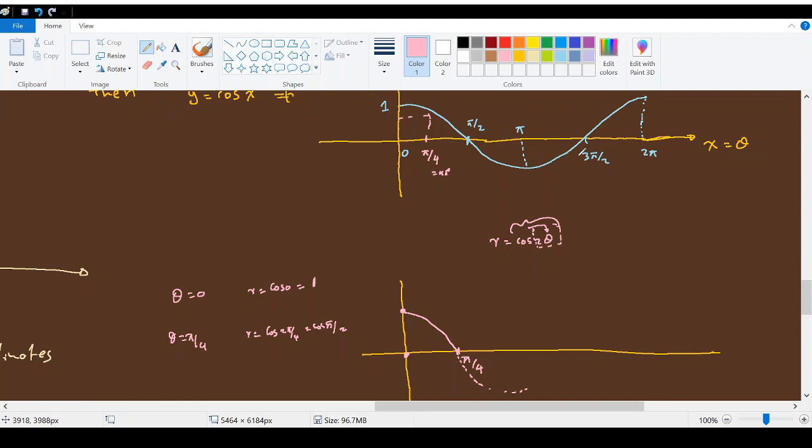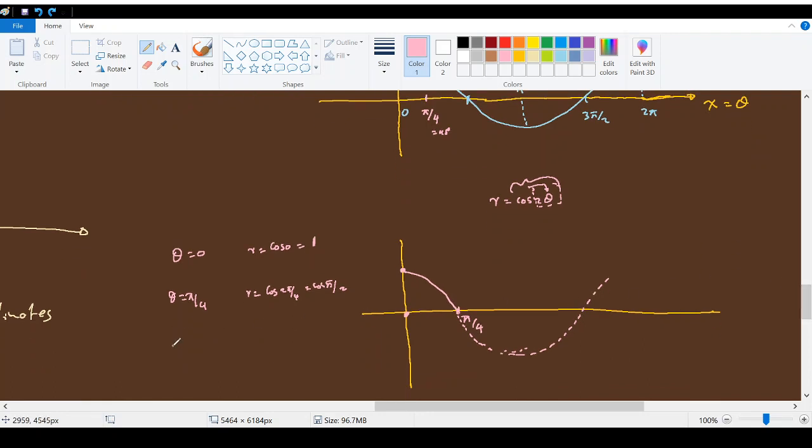Similarly, all the other points will change. Now we know that the curve will have a very similar shape, but still, now you can see, let's take pi over 2.